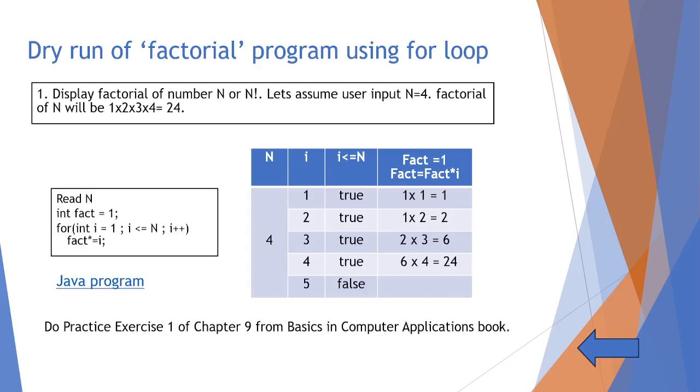In the second iteration, i is 2, fact is 1, 1 multiplied by 2 is 2. In the third iteration, fact is 2, i is 3, so 2 multiplied by 3 is 6. Fact is 6 and i is 4 in the fourth iteration. 6 fours are 24. This is the desired output.